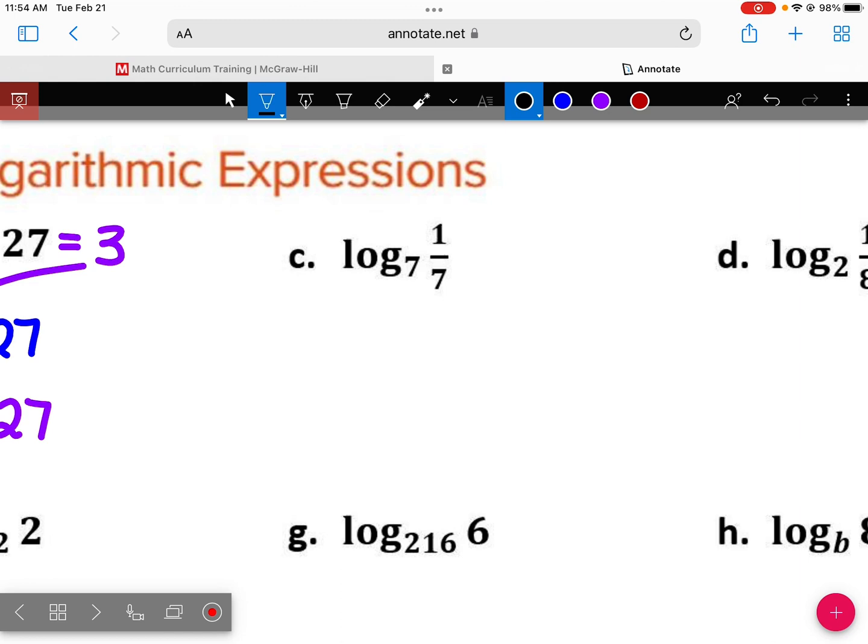Part C here. What's my base? 7. Do I know my exponent? Nope. That's what I'm trying to find. 7 to what power gives me this argument of 1 over 7? Negative what? Negative 1.